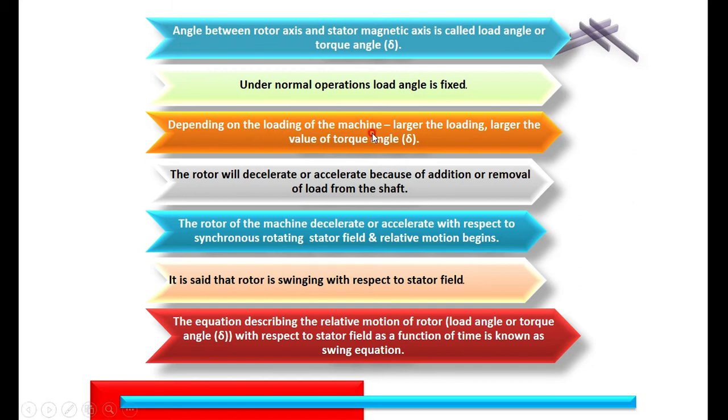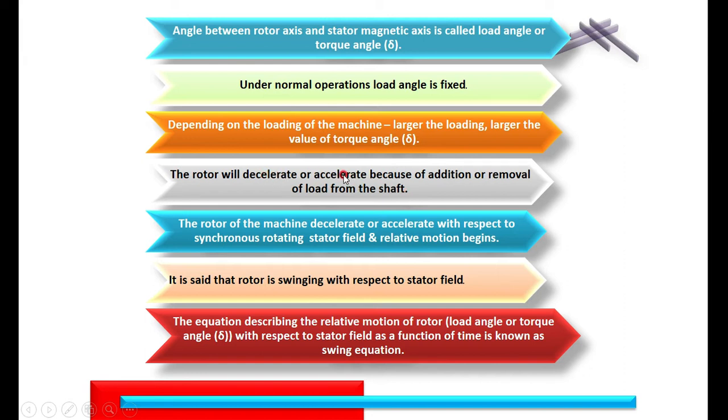Depending upon the loading of the machine, the larger the loading, the larger the value of torque angle delta. If the load is increased, the angle delta also increases. The rotor will decelerate or accelerate because of addition or removal of load from the shaft. If you put more load, it will decelerate.